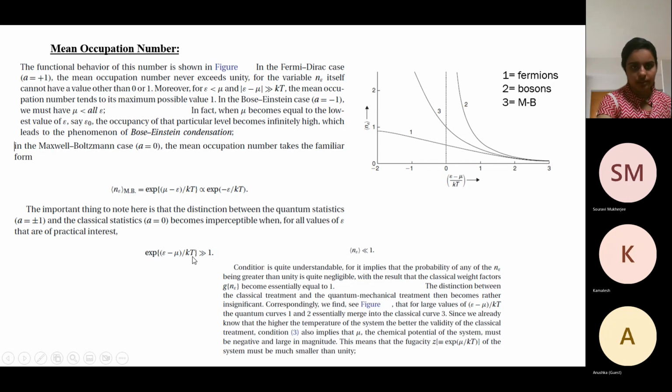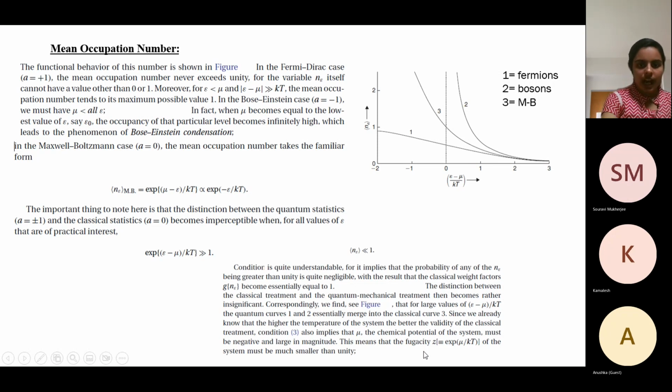Under this condition, all the states would show the same kind of behavior. So this in a way is telling you that the probability of any of the n epsilon becoming greater than unity is quite negligible, right? And so the distinction between the classical treatment and the quantum mechanical treatment becomes rather insignificant. Okay, and this is what we also see in this figure here, right?